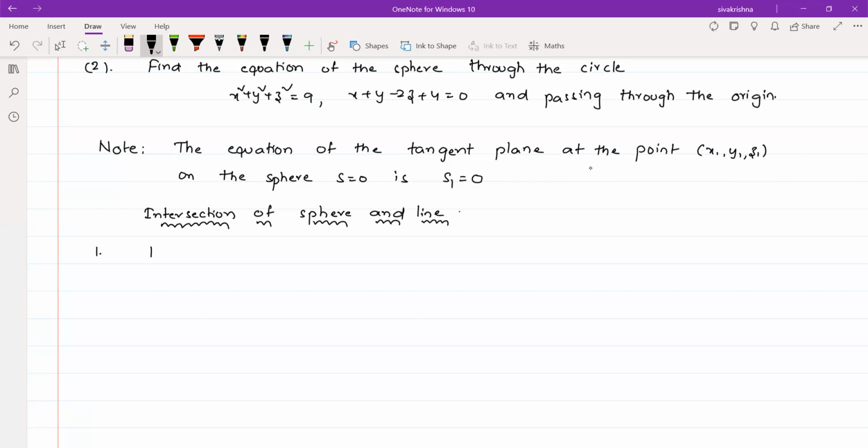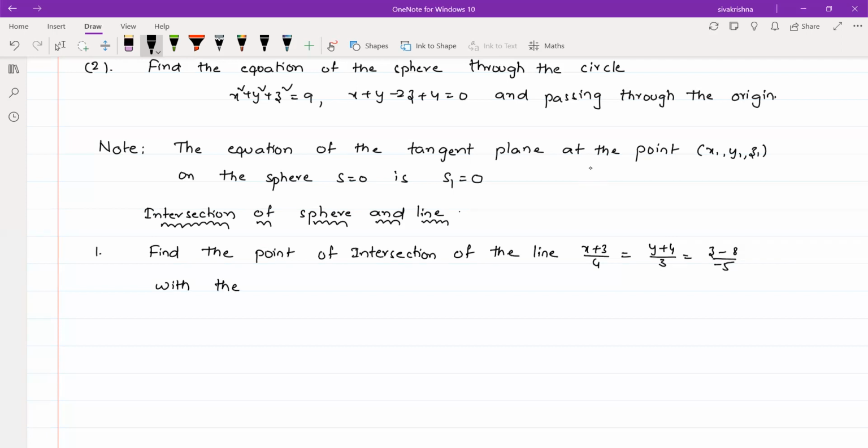Find the point of intersection of the line (x plus 3)/4 equals (y plus 4)/3 equals (z minus 8)/(minus 5), this is the line equation, with the sphere x square plus y square plus z square plus 2x minus 10y equals 23.